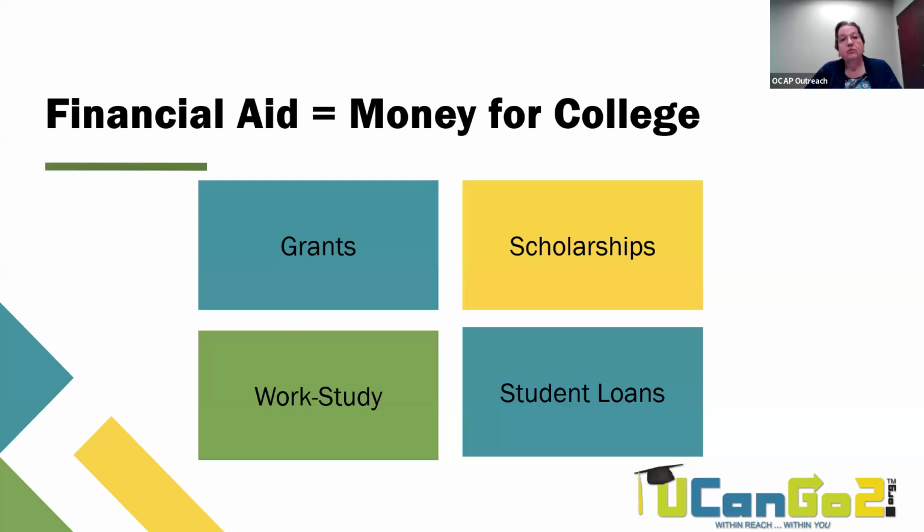And then student loans, last but not least. Our suggestion is always not to borrow student loans unless they absolutely have to. If they do, they need to look at these other three sources of aid and see what would be left to meet those expenses after they have used the funds coming from the other places.